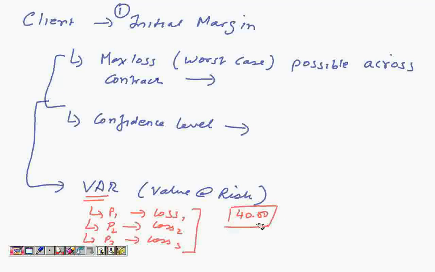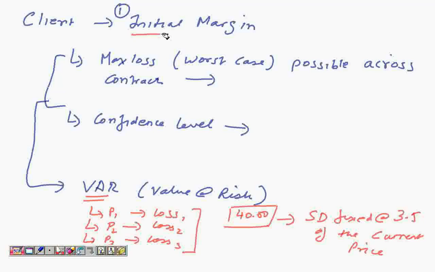So what they do is they keep a standard deviation, and the standard deviation is fixed in this case at 3.5 of the current price, right? So initial margin is nothing but a percentage of VAR, value at risk.